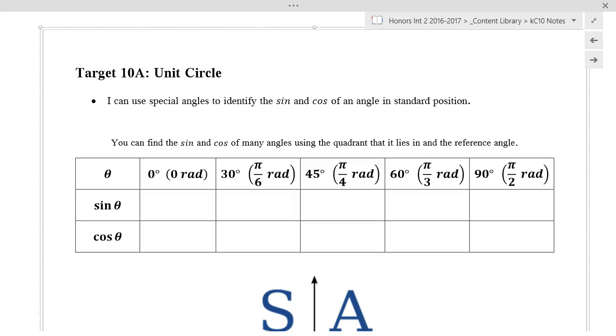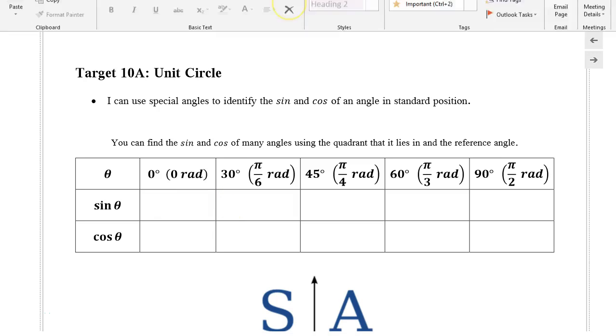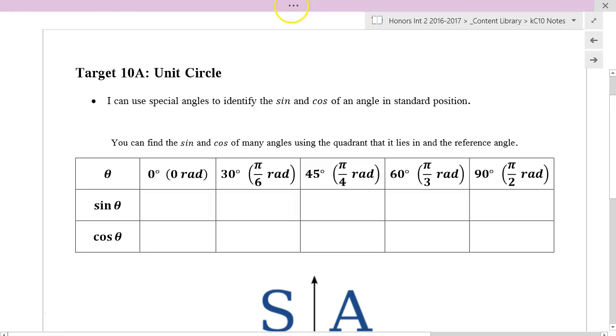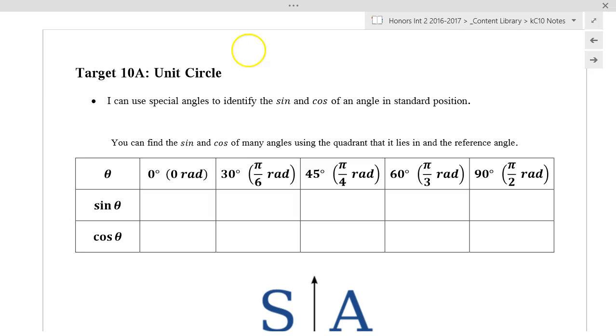Now, these numbers that we write in here, you will have to memorize, but I will give you a trick for memorizing them. Our trick to memorize them, creating this table, is to start by placing a 2 in the denominator of each of these.